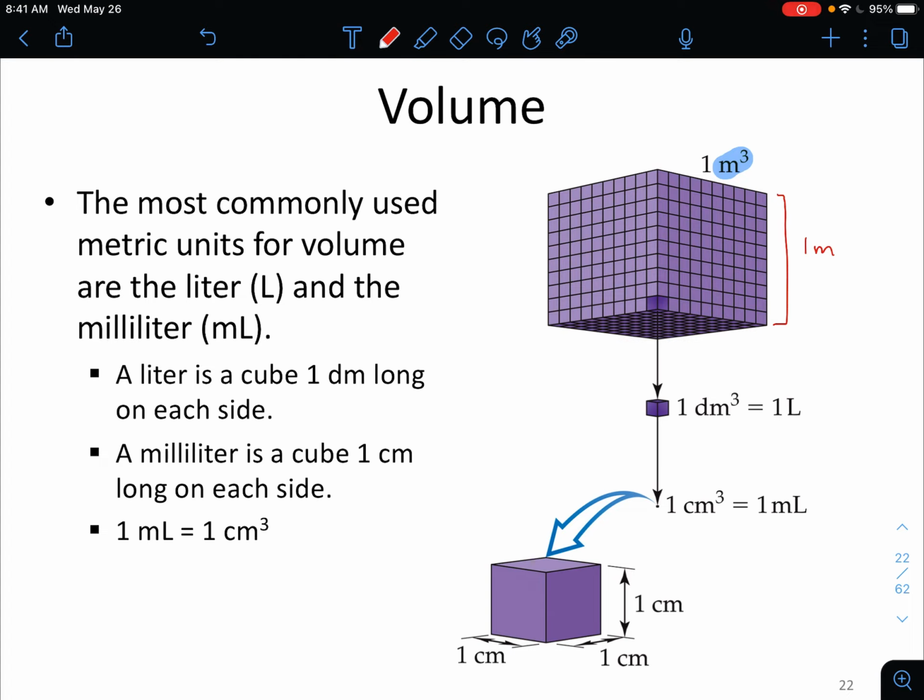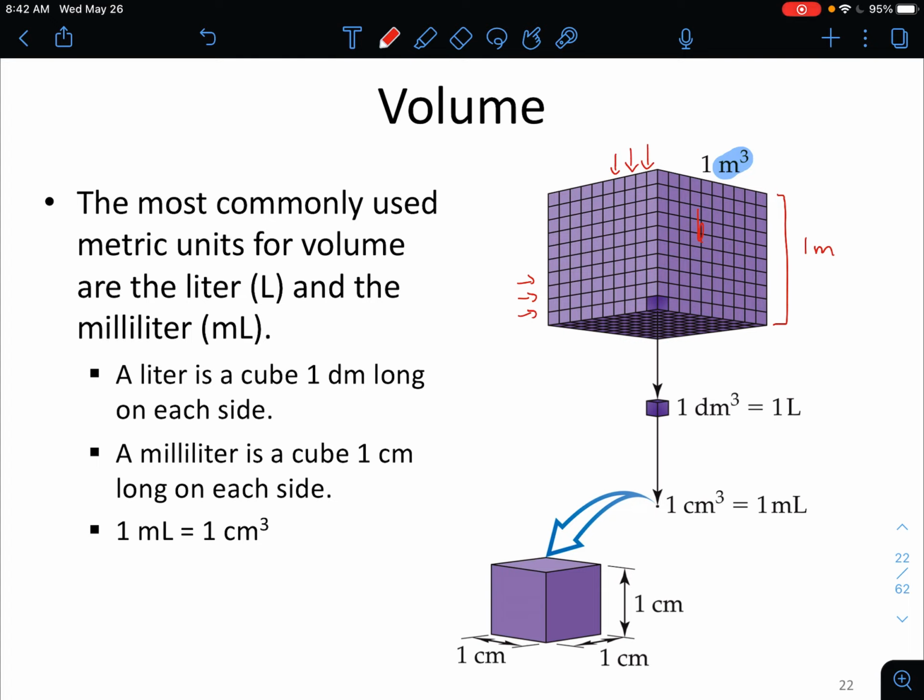Now imagine that we take that cube and we slice it basically in every direction into 10 cuts. Going this way, we're making 10 cuts. Going this way, we're making 10 cuts. And then I can't really draw it, but on this face, we're making 10 cuts. If I do that, I should cut it down into 1,000 smaller pieces, right?